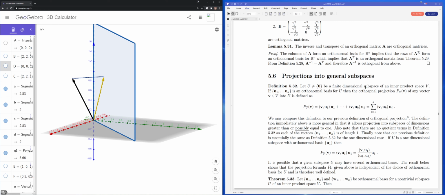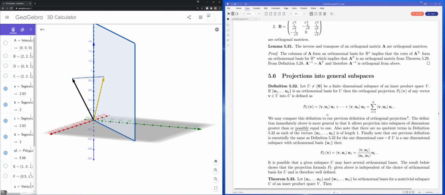So I have some finite-dimensional subspace, and if I have an orthonormal basis for it, then I can calculate the orthogonal projection of the black vector v into the subspace, which is the yellow vector here, via this formula.